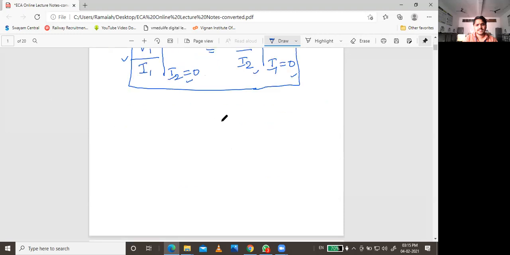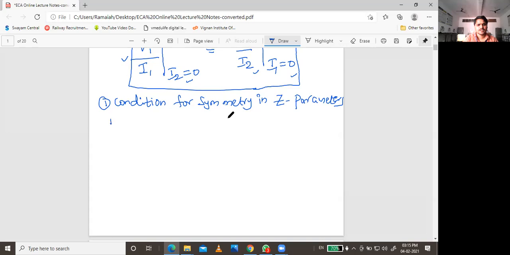Okay, so let us find the first one, the condition for symmetry in Z parameters. First write down the Z parameter equations.